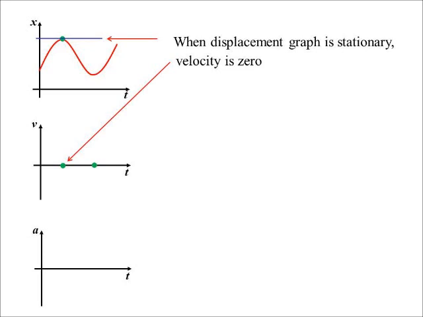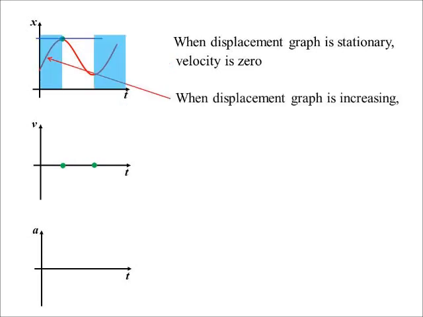Now, when the graph is increasing, we said that's when the derivative was positive. So from 0 up until that stationary point, it's increasing. So I know on my velocity graph, I should be positive. Now I'm not sure exactly where at this stage, but I know in that region there, the curve's positive on that new graph.